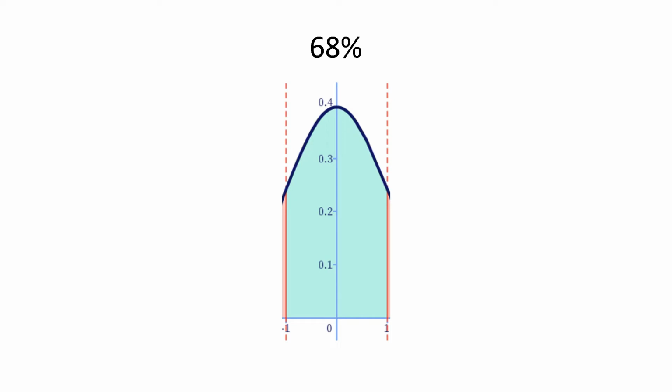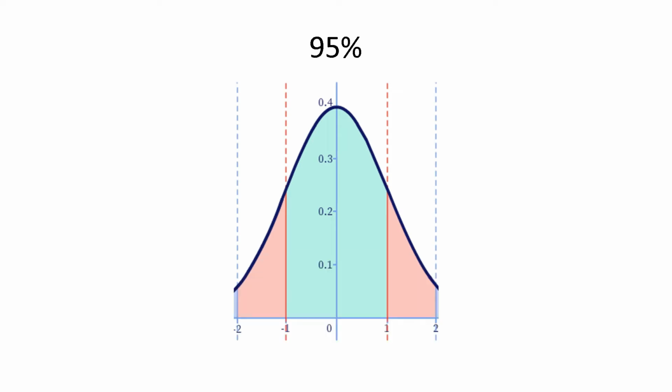Any normal distribution, regardless of its mean or standard deviation, conforms to the empirical rule. The empirical rule states that about 68% of the area under the curve falls within one standard deviation of the mean. About 95% of the area under the curve falls within 2 standard deviations of the mean.